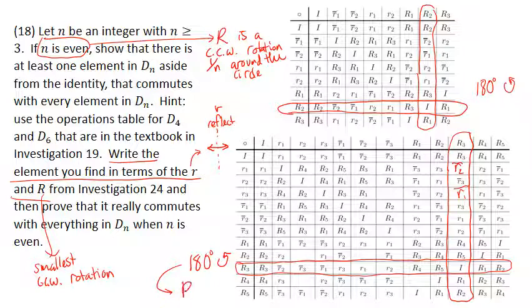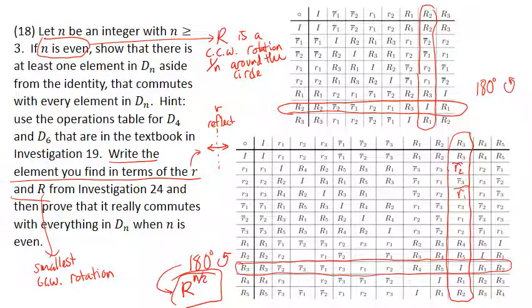So that 180-degree rotation is going to be big R raised to the n/2. Basically you're doing that smallest counterclockwise rotation n/2 times, which takes you halfway around the circle. Obviously doing it n times would take you all the way around. So this is the element that we are going to show commutes with everything.